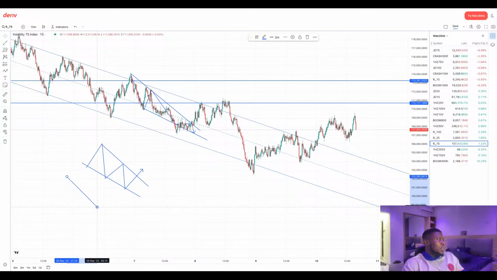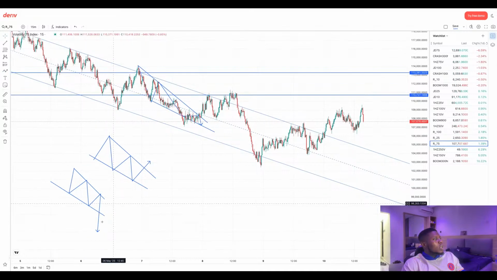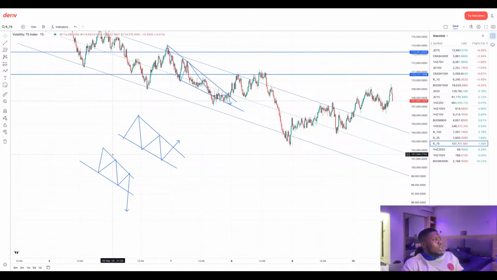If it's like this, if it's forming this way, from up, down, up, down, up, it's going to break out like this. Look at this. It started from here, this started from here. So this is a reversal pattern, this is a continuation pattern.